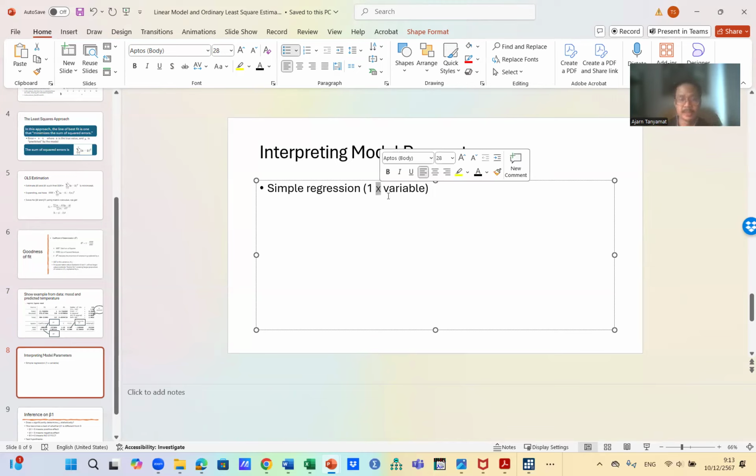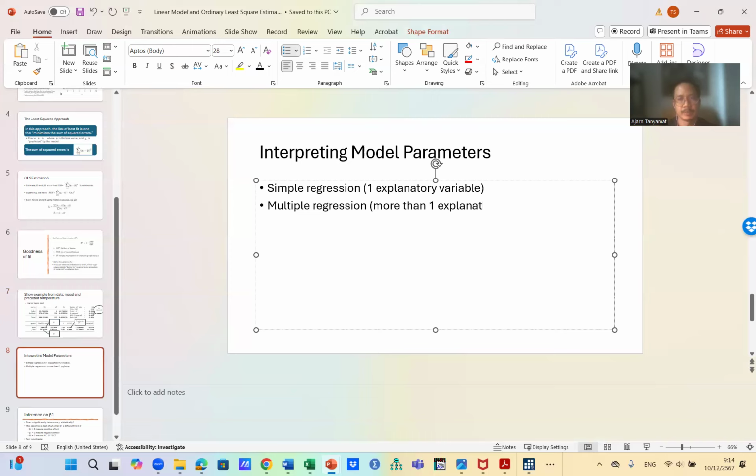Simple regression has one explanatory variable, while its counterpart, multiple regression, has more than one explanatory variable.